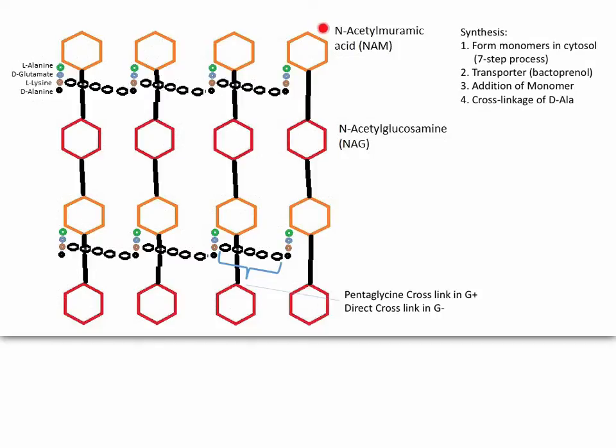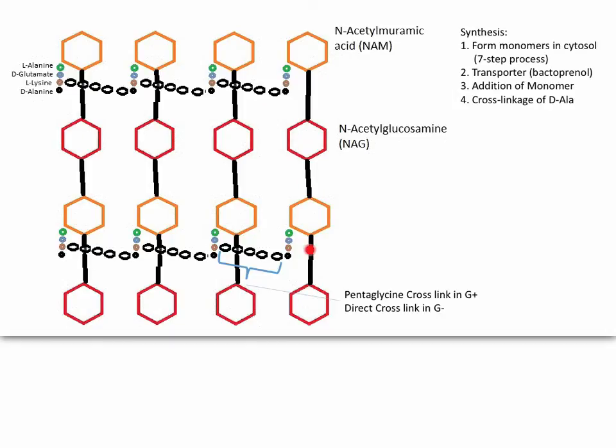So what we have are two different kinds of sugars. The N-acetylmuramic acid, or NAM, as it's called, and N-acetylglucosamine, or NAG. And so what the cell wall is said to be made of are these NAM-NAG, NAG-NAM repeating subunits of sugars.